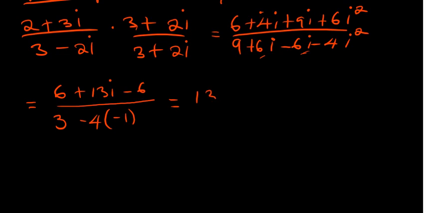Then down here you're going to have 3 plus 4, which is 7. So the final answer is 13i divided by 7. So this is the final answer for this one.